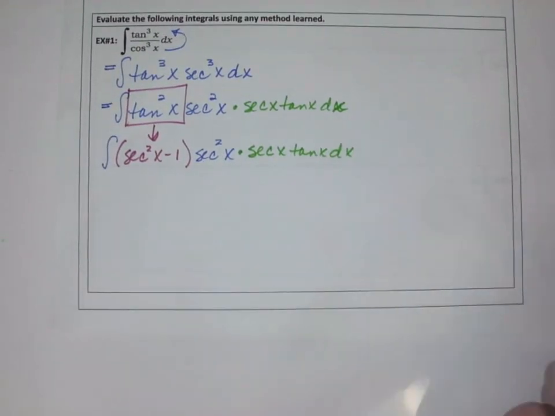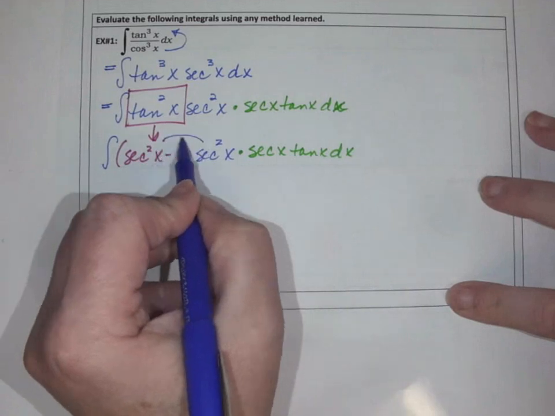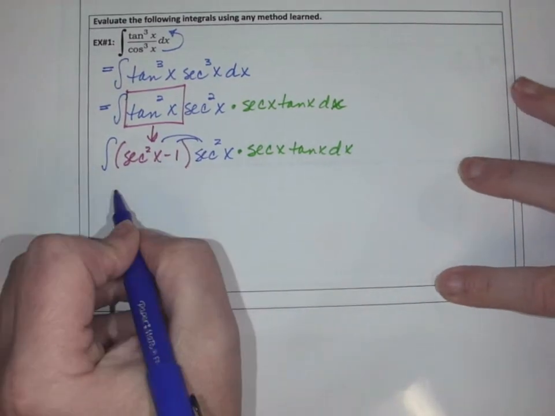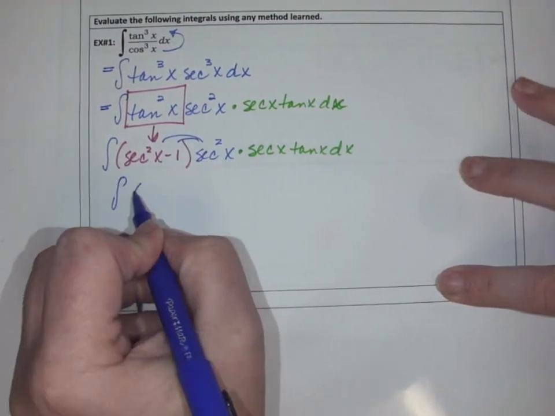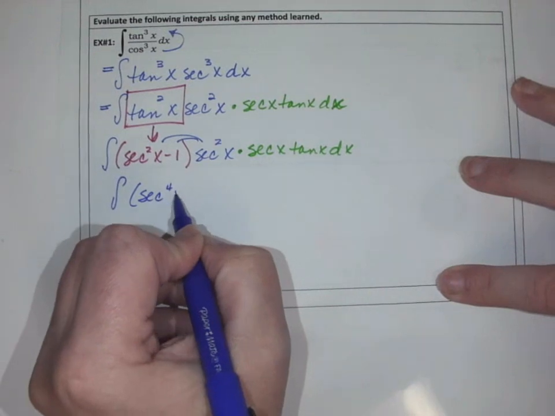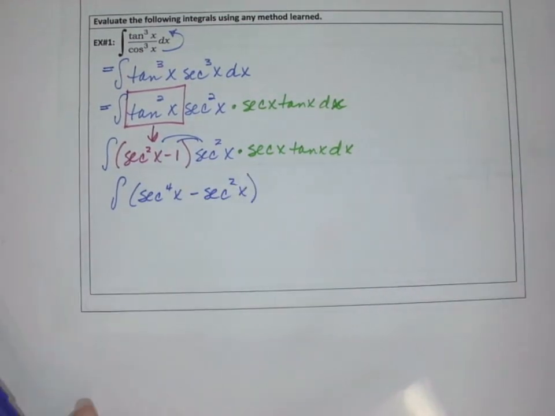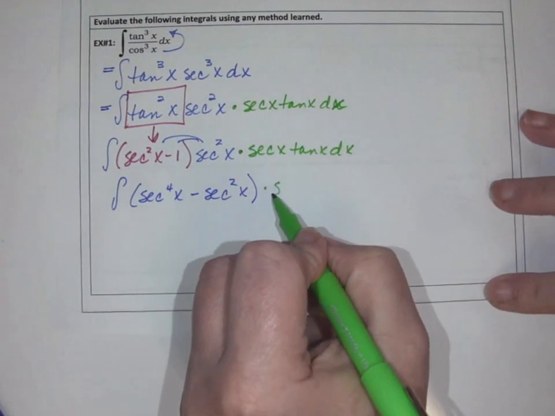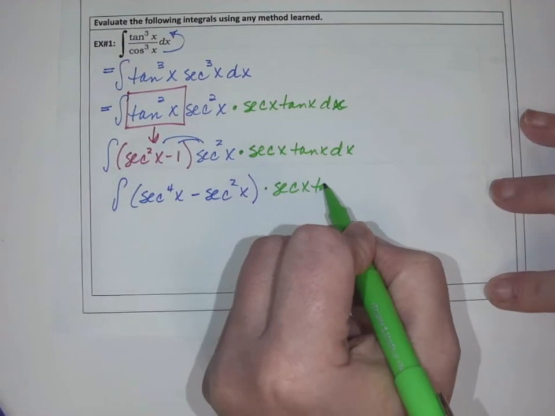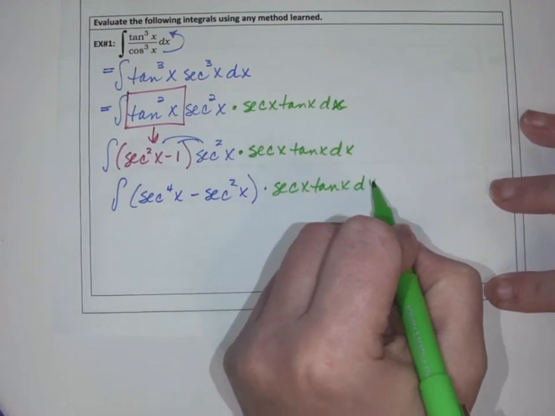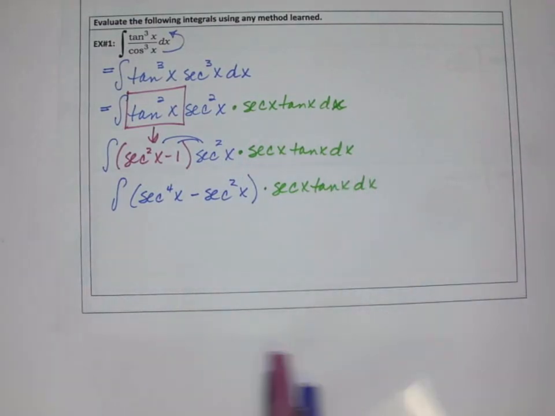All right, now we need to do some algebra. So I'm going to distribute my secant squared. So I'll have the integral of secant to the 4th x minus secant squared x, and then I still have my times secant x tangent x dx. And I'm ready for my u substitution.